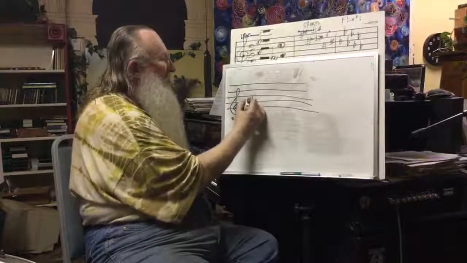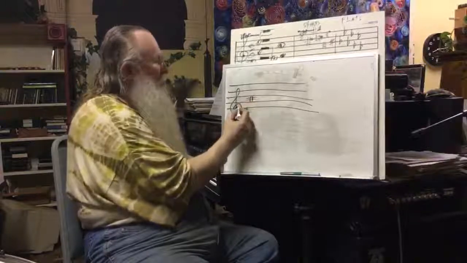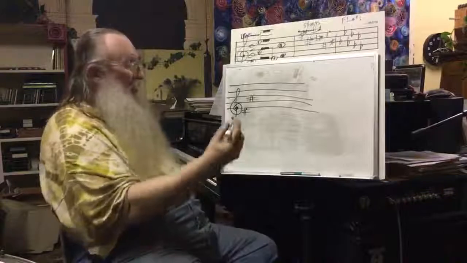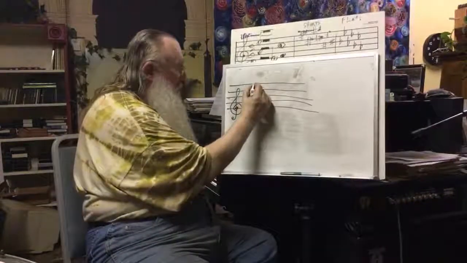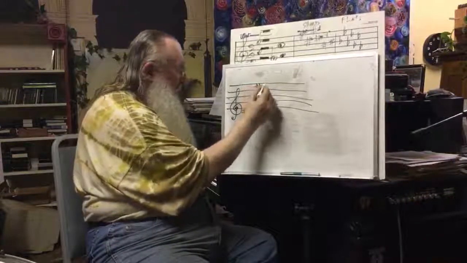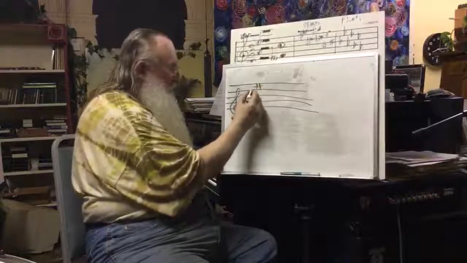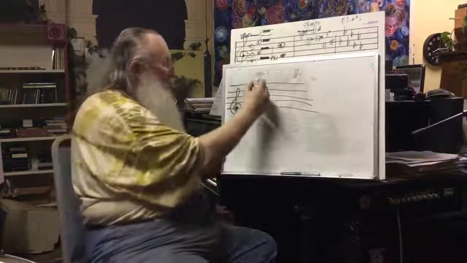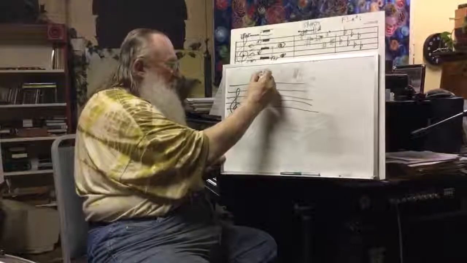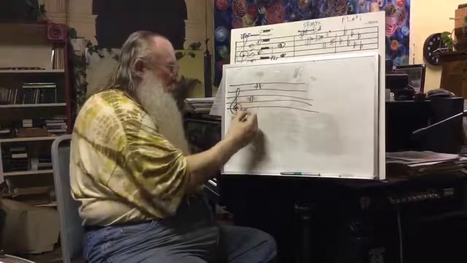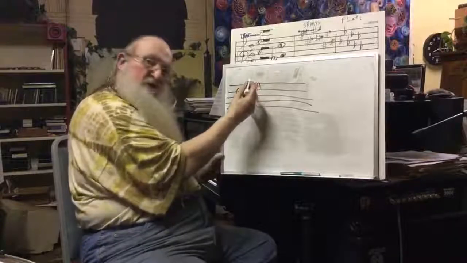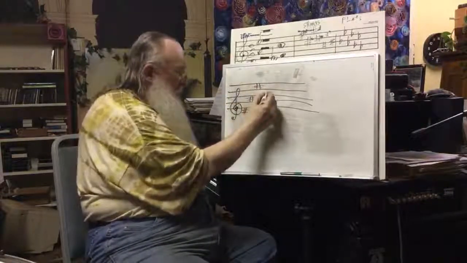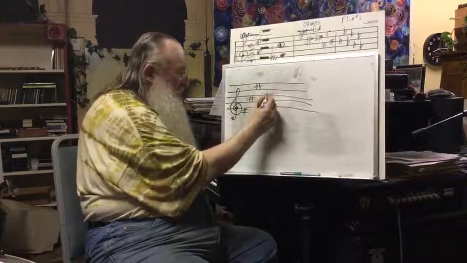And look, if I go up 5, that's G, A, B, C. And if I want to, I can go up 5 again: C, D, E, F, G. And I can't go up 5 again because I'm beyond the ledger line, so the rule is if I can't go up 5 for sharps, I go down 4. So from here I go 1, 2, 3, 4. I come down to this line here.